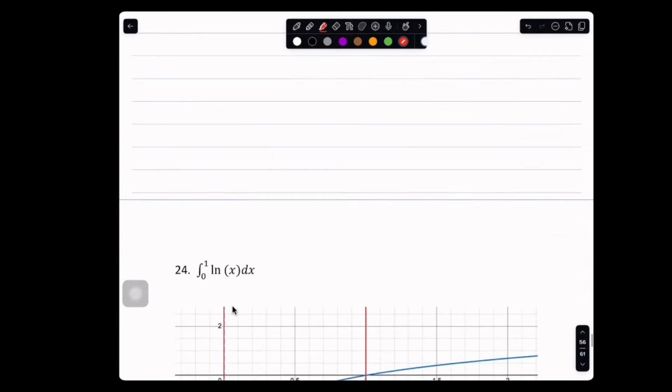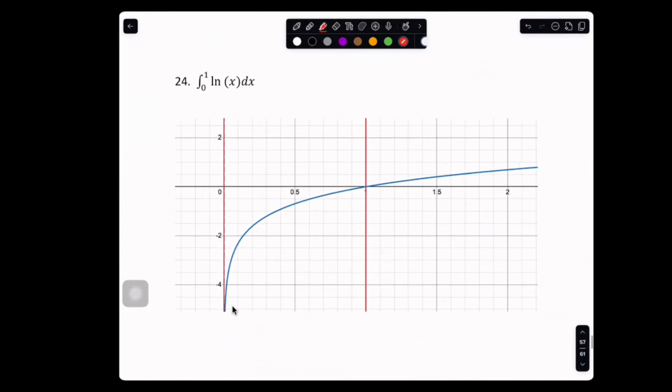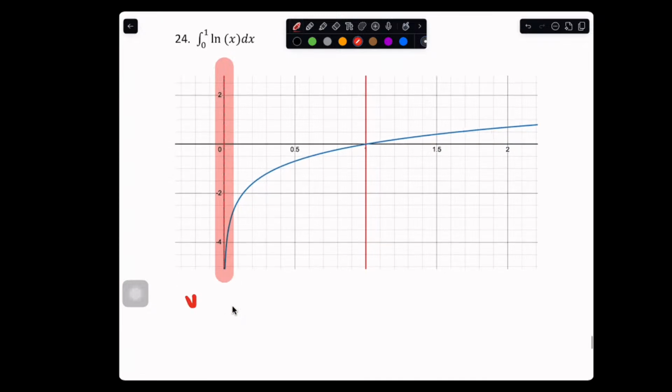So the next one is the natural log curve over the interval of 0 to 1. And let's remember something about the natural log curve. We have a vertical asymptote at x equals 0.